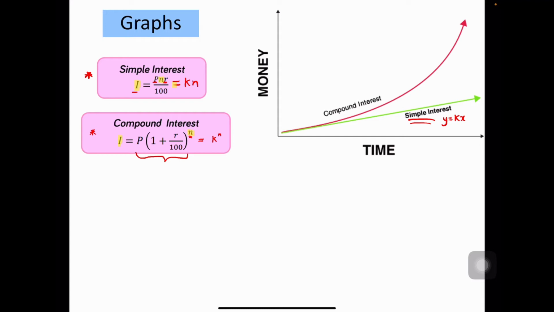And so that's why the compound interest curve looks like an exponential curve. So k to the power of x. Now, of course, this is just for compound interest. How do you think the graph for a compound decay example would look?